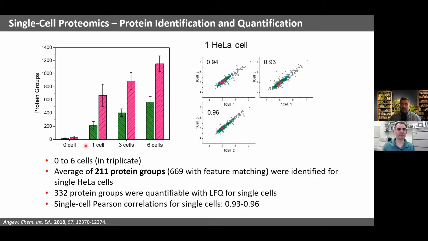And at the single cell level, we were seeing a couple hundred proteins identified from single cells, or upwards of 700 proteins when we're using the match between runs algorithm of MaxQuant or other data processing strategies that are out there.